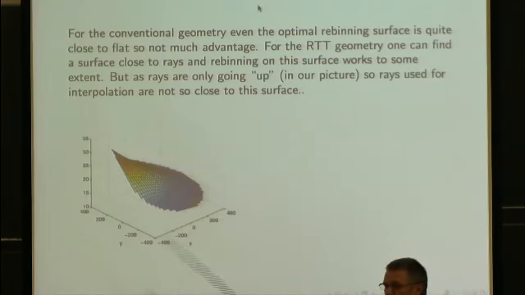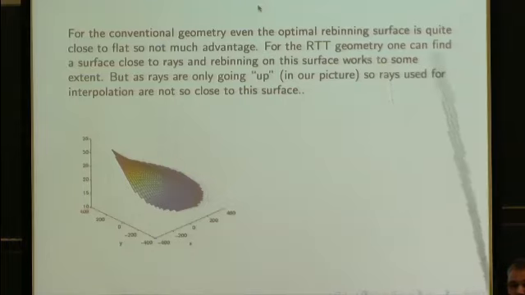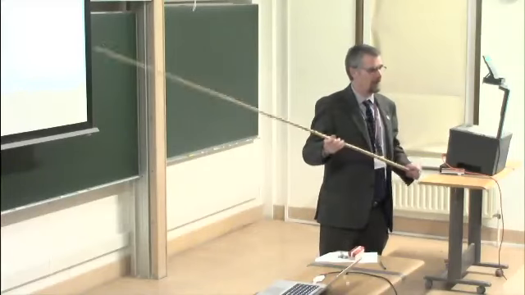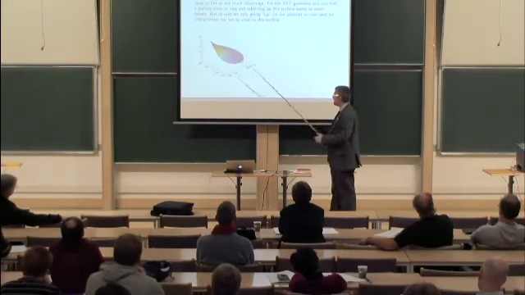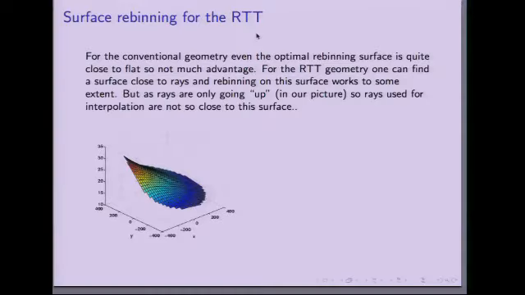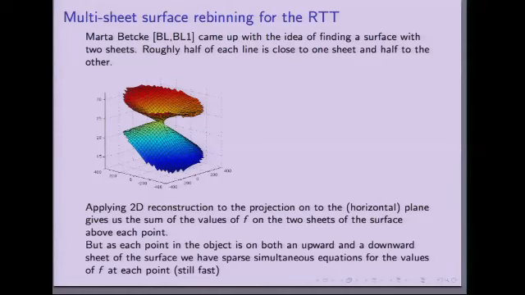What we found, though, is that because we only measure rays pointing upwards, not upwards and downwards, rays tend to be close to this surface for only half of it. So the idea which Marta Betke had was to find a two-sheet surface that's close to the rays. It turns out a typical ray is closer to the top half for part of its trajectory and the bottom half for the other part.